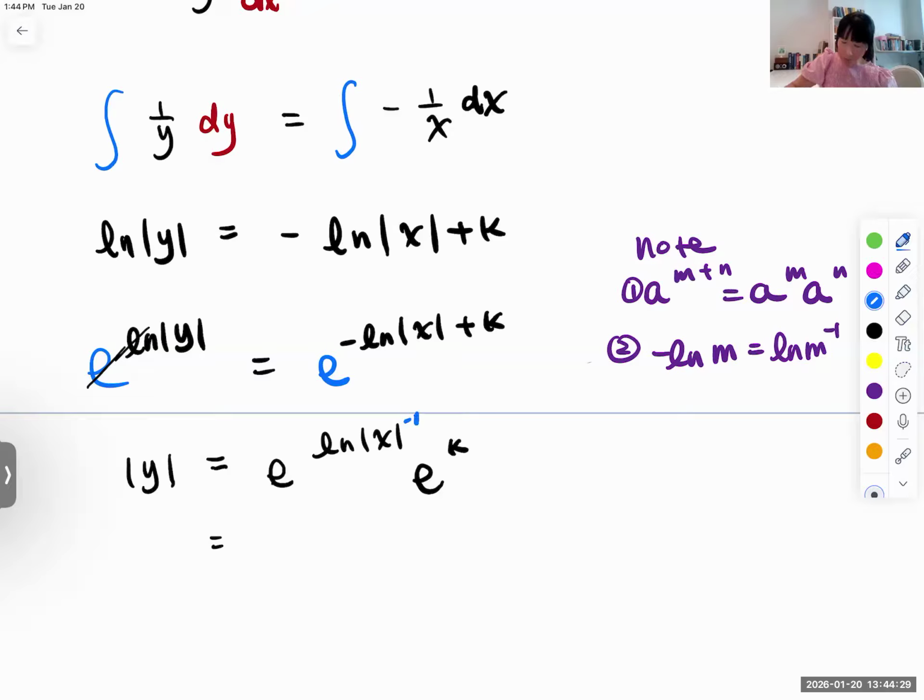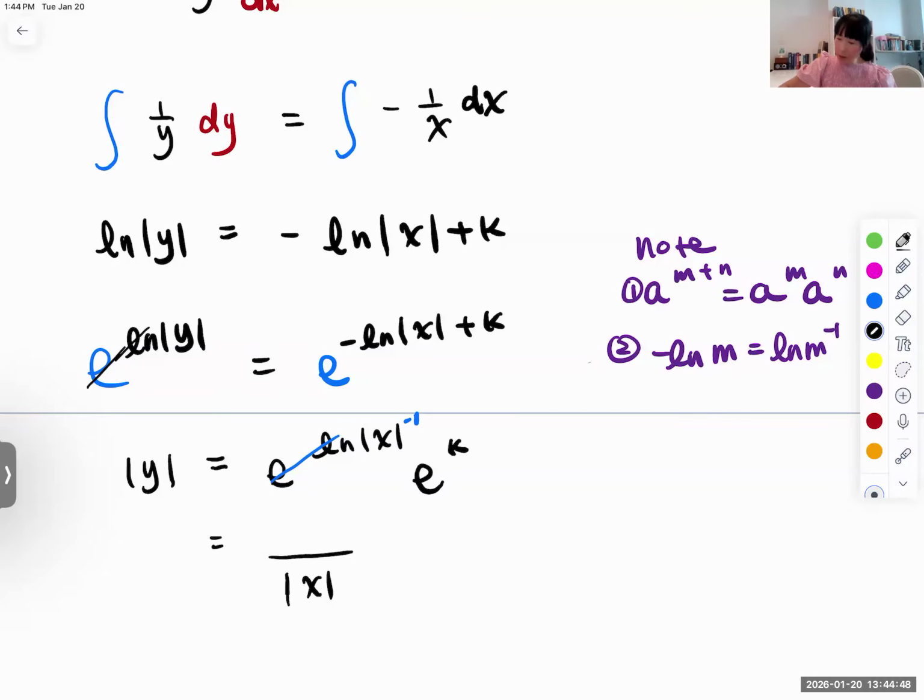Negative 1, yeah? So that I can simplify this one. Next step. So we have absolute value of negative 1, yeah? So there will be 1 over absolute value of x to the negative 1 power, right?